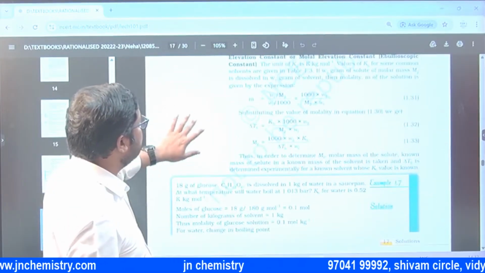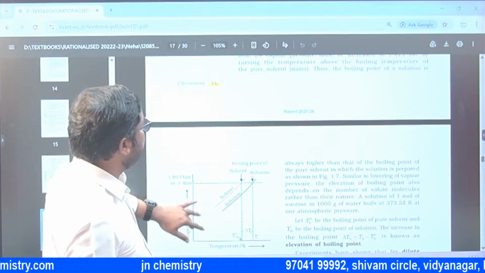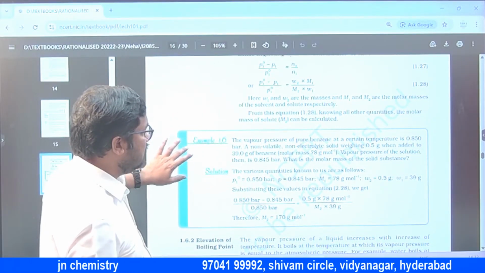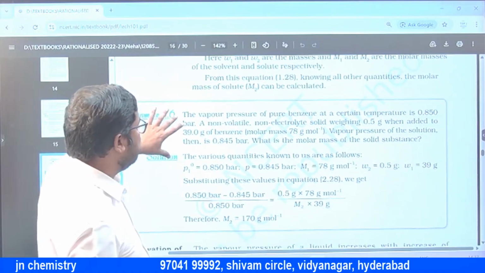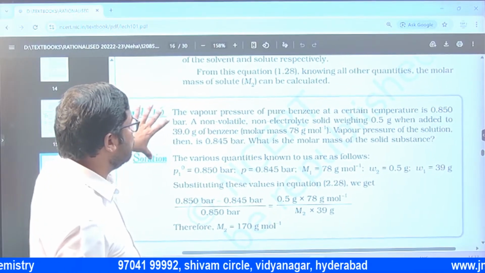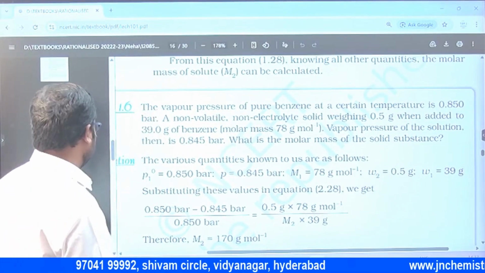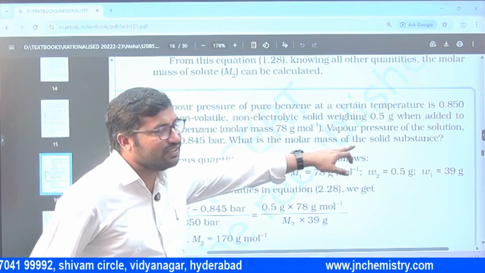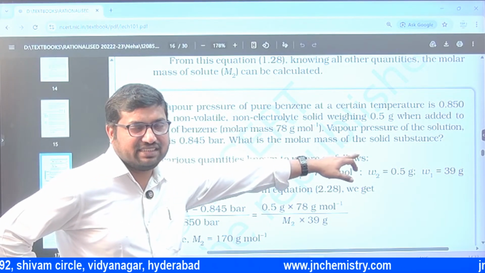For example, this is relative lowering of vapor pressure. What is the question they are asking? What is the molar mass of the solid substance? Got it?